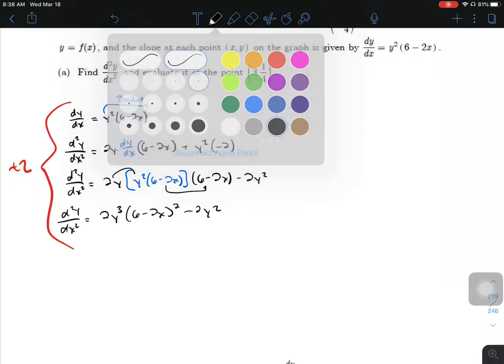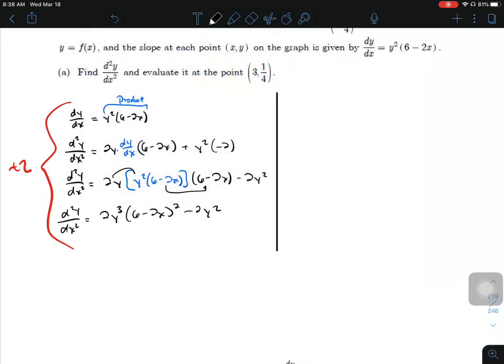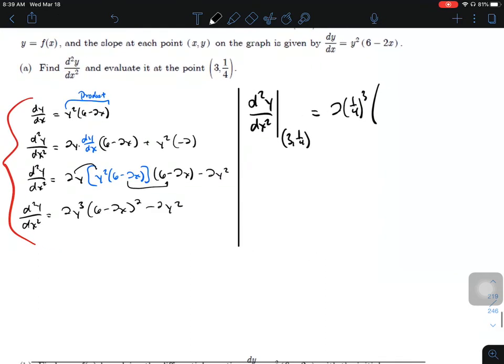Second part of the question, evaluate it at the point (3, 1/4). So to do that, we got the second derivative evaluated at (3, 1/4). So we're putting a 1/4 in for y, and a 3 in for x.